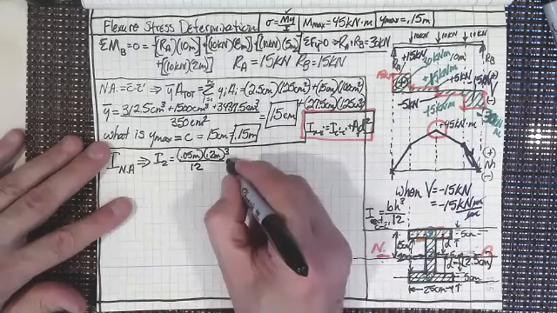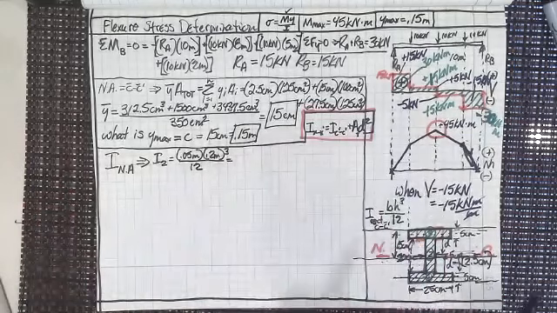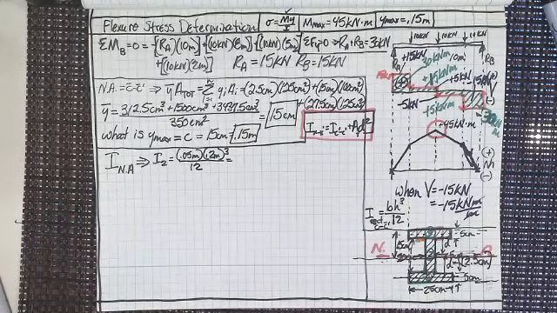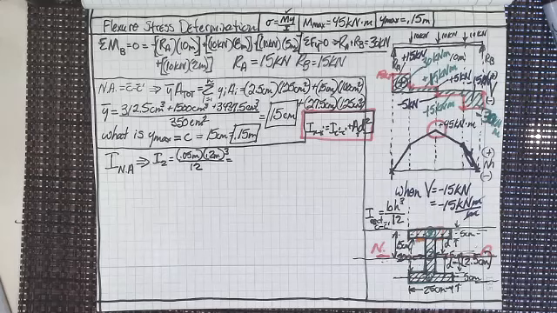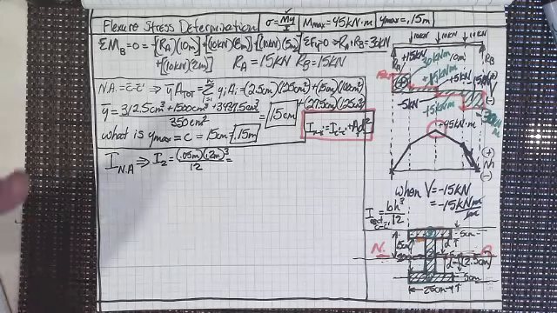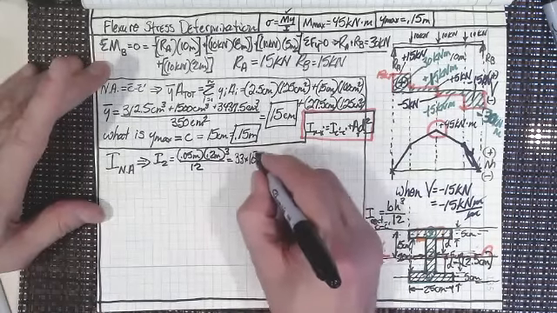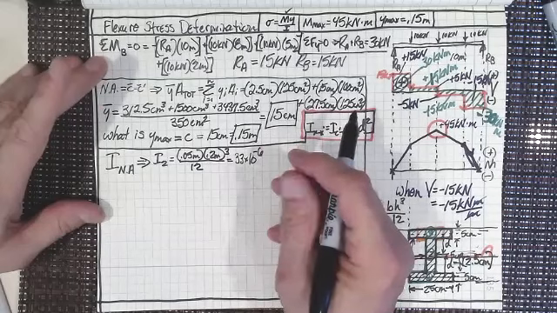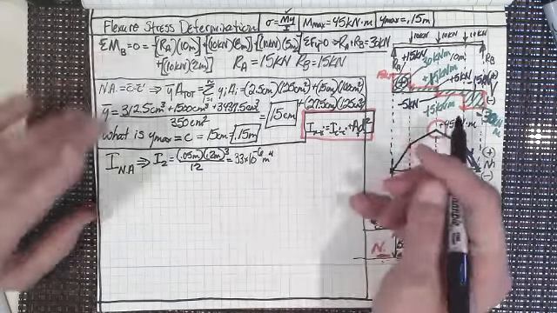I didn't actually do this intermediate part, but we can do it. 0.05 times 0.2 to the third, all divided by 12, and I get 33 times 10 to the minus 6 meters to the fourth.